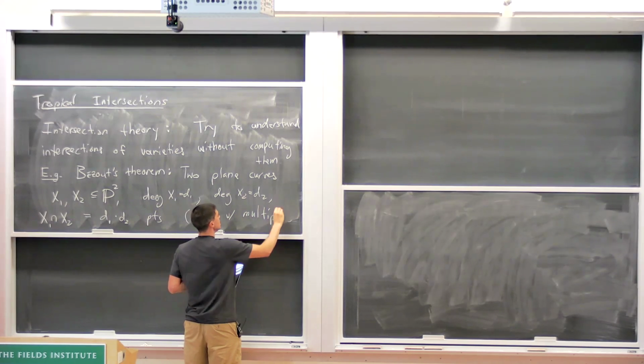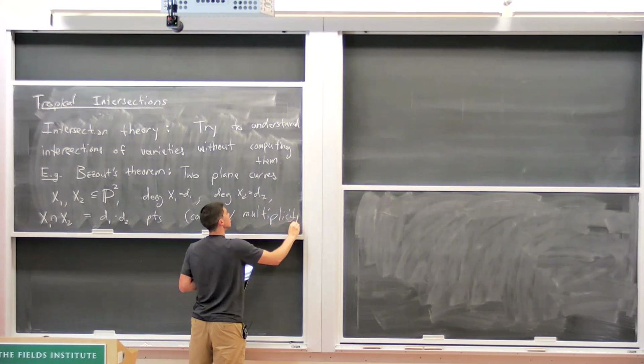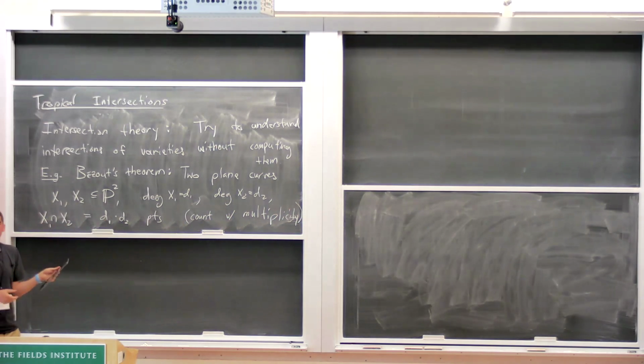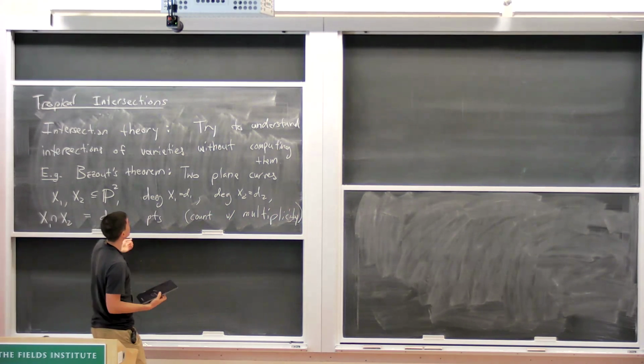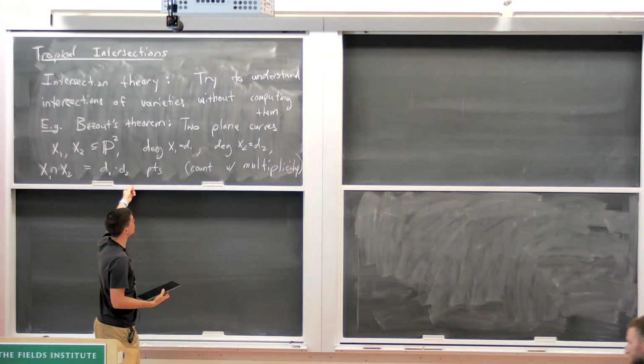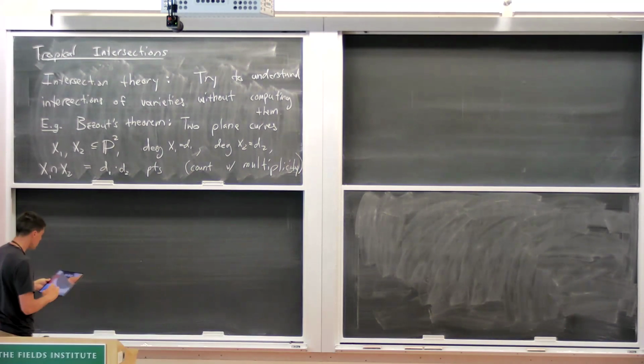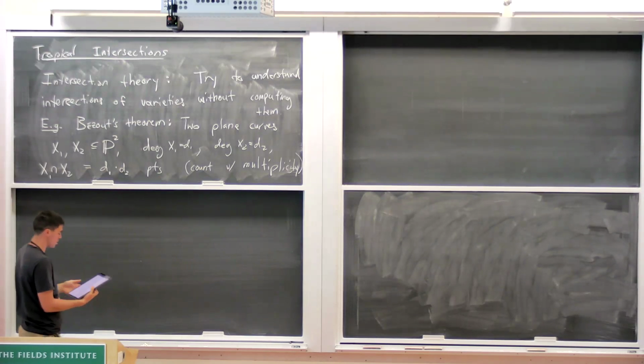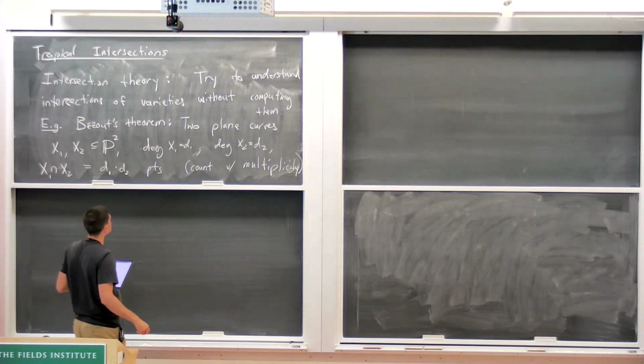So if you have two curves that meet at a point of tangency, it should count for multiple points of the intersection. So without computing the actual intersection, you can say how many points it contains.